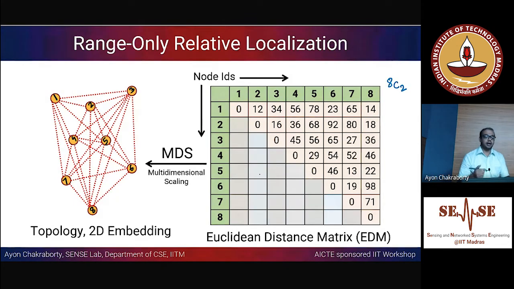So if you have taken a course on machine learning, I'm sure that you will come across techniques like PCA, as well as this multidimensional scaling, which is going to look at this set of feature vectors and then try to embed them in a certain space, let's say a 2D space.